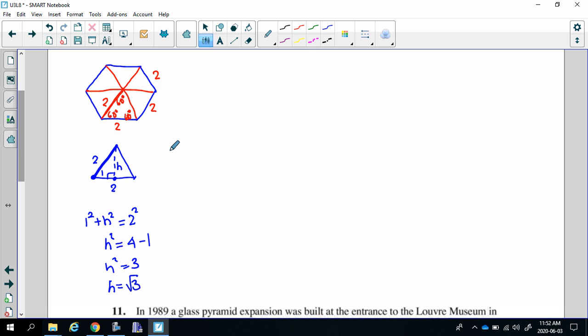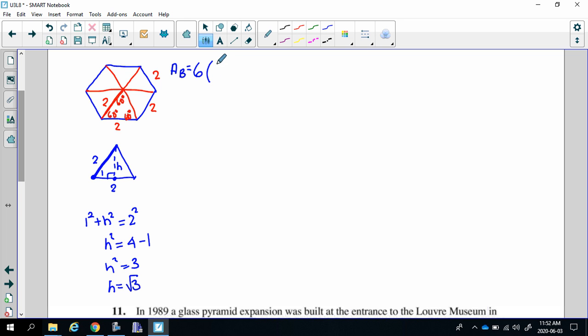Okay, so area of the base, I have 6 of them. Actually, I'm going to do this differently. Hold on. So I have 6 triangles. So it's going to be base times height divided by 2.